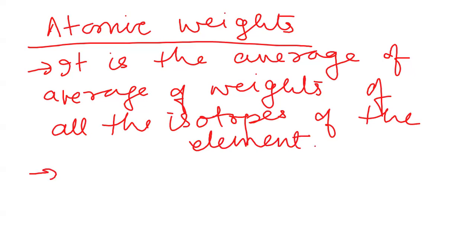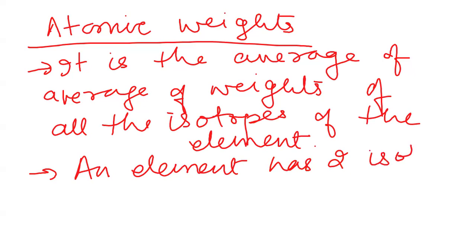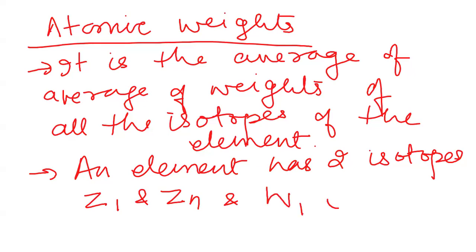Okay, so we can say that if an element has two isotopes, you can say Z1 and Z2, and the weights are W1 and W2, and their percentage occurrence.